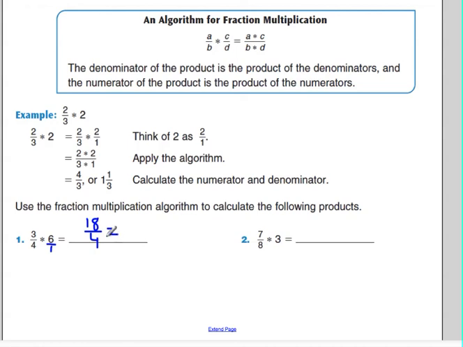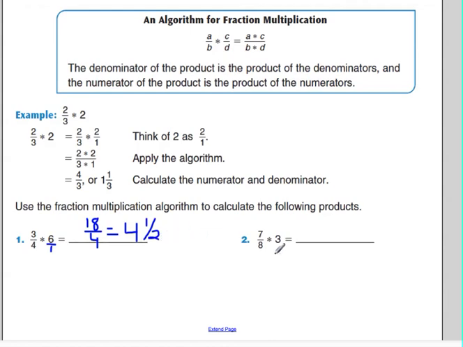That usually happens if you're doing a fraction times a whole number. You'll often get an improper fraction for your answer. So you're going to have to simplify. 18 divided by 4 is 4, with a remainder of 2/4. I know that 2/4 is equal to 1/2, so I'm just going to put 4.5.